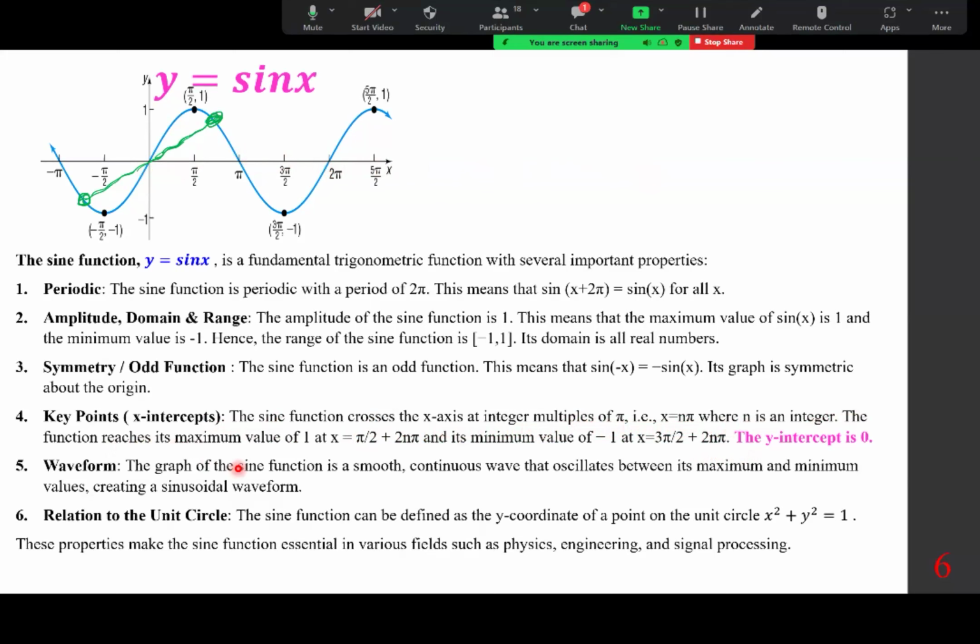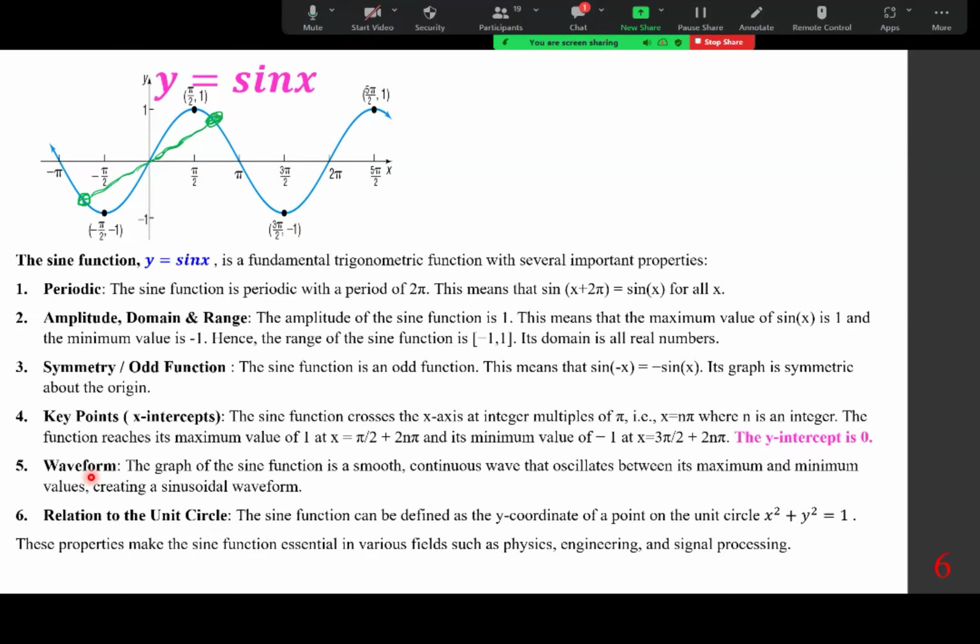The function reaches its maximum at x equals pi over 2, and then if you add 2 pi, or better yet, multiples of that, 2n pi, and its minimum value occurs at x equals 3 pi over 2, and then if you add 2n pi. The y-intercept is 0 because it's at 0, 0. We're talking about the basic function. You should know the graph. The basic function, a complete cycle is here.